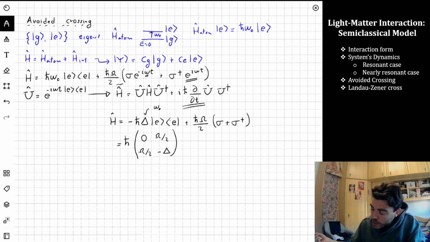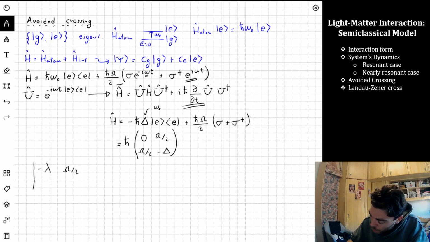So this Hamiltonian is easy to diagonalize, and in particular, we are going to take the determinant of the matrix with minus lambda, which is the eigenvalue, omega divided by 2, omega divided by 2, minus delta minus lambda, times h bar. This should be equal to 0.